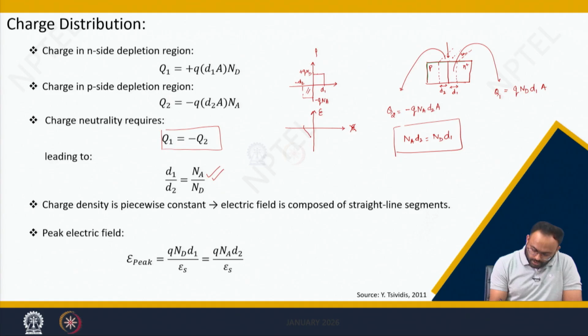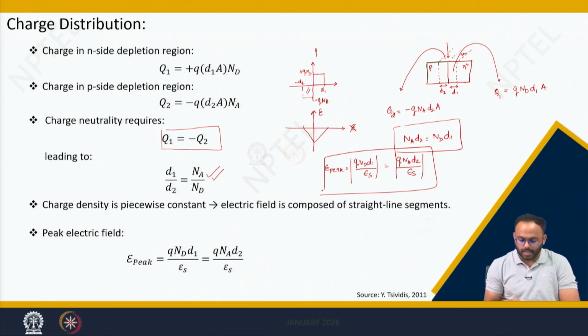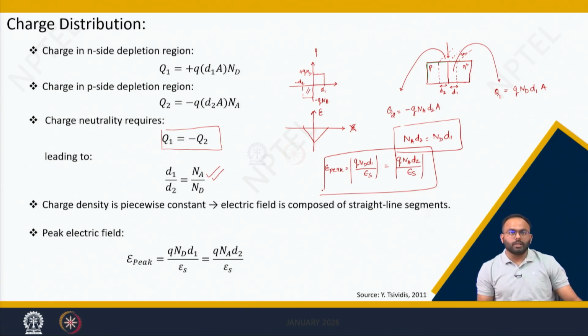This is nothing but like this. So the peak electric field E peak can be calculated as the area of this divided by epsilon. So the total charge, Q into Nd into D1 divided by epsilon, or Q into Na into D2 divided by epsilon.